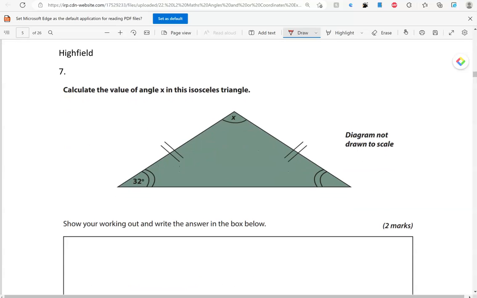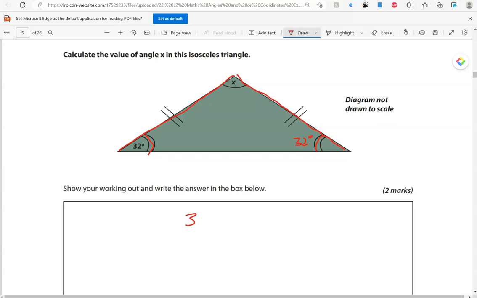Calculate the value of angle X in this isosceles triangle. An isosceles triangle has these two side lengths which are equal, and these two angles at the base which are equal as well. So this is 32, so this is going to be 32 degrees as well. 32 and 32 makes 64.